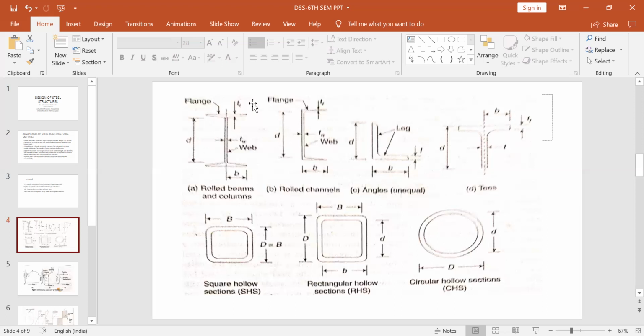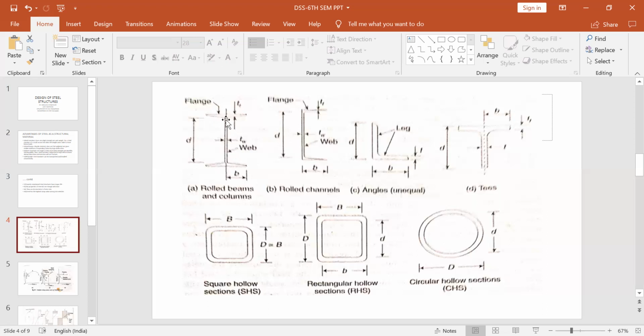So this will be ISMB, ISLB, ISHB. LB is light beam, that is low self weight. Now this classification of IS sections will be by depth for beams. For the I section, it will be by beam. So what is the depth of the web? The depth of the web will be given, suppose it is ISLB 200.